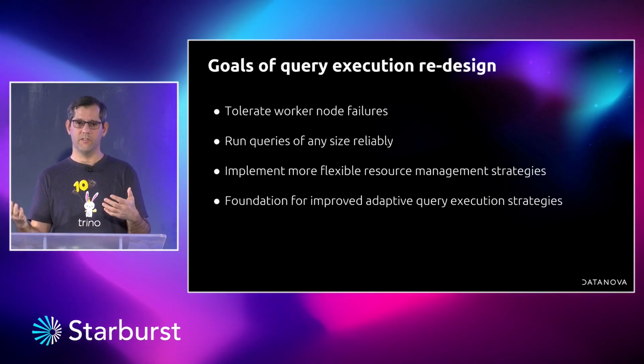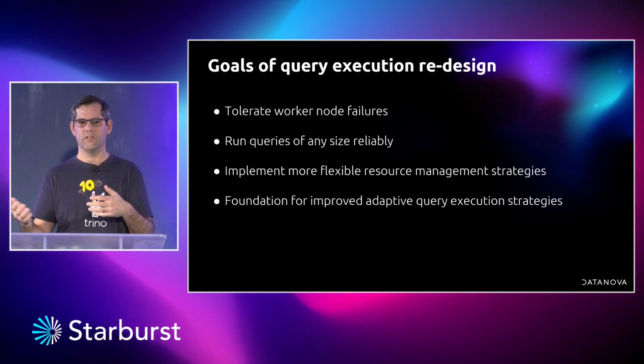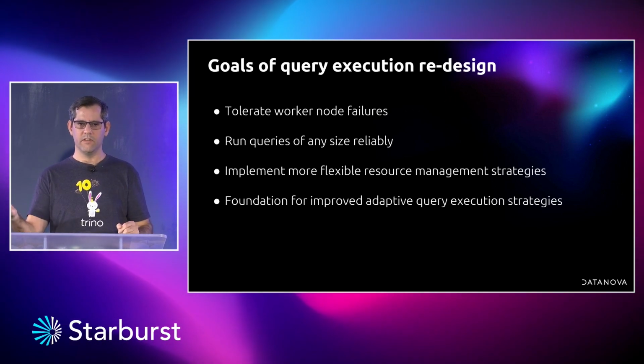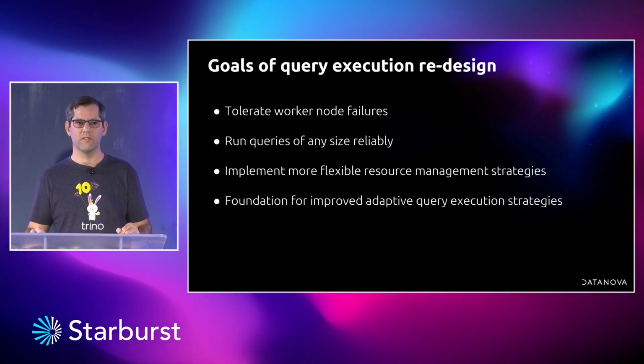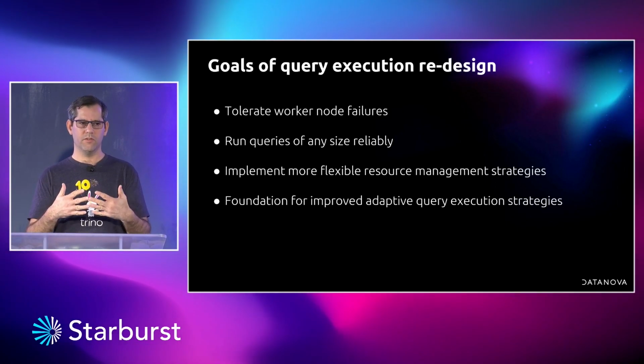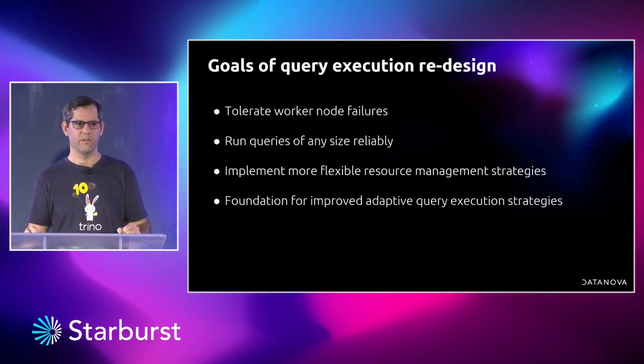Say a higher priority query shows up, what do you do? Do you pause the existing query? Do you keep going? Do you cancel the first query and let the second query go? Having more control over that is important, especially for clusters where you have a lot of users with different priority workloads and so on.